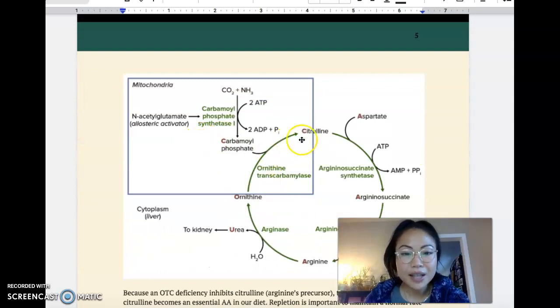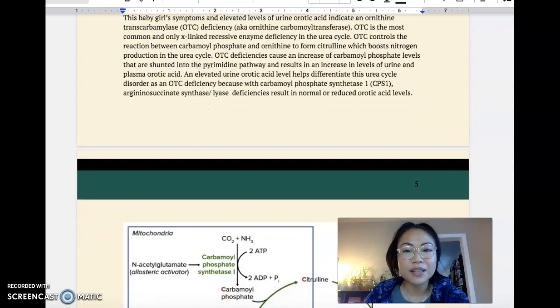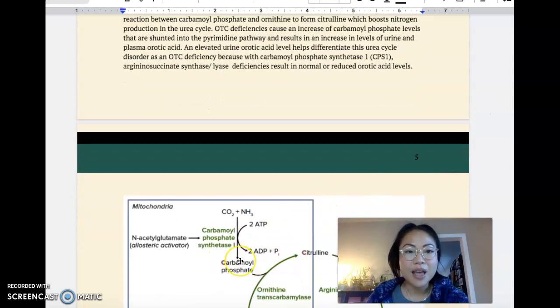That is the enzyme that catalyzes carbamoyl phosphate and ornithine to produce citrulline. So when there's a deficiency in this enzyme, carbamoyl phosphate levels rise, and then this gets shunted to the pyrimidine pathways, which results in an increased level of urine and plasma orotic acid.